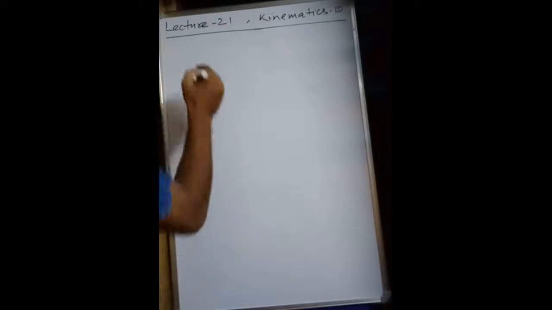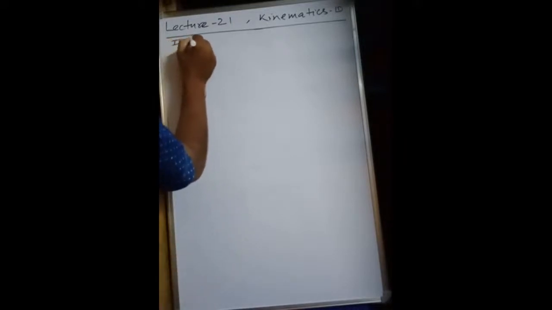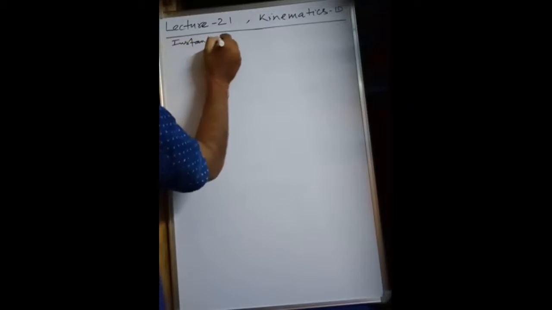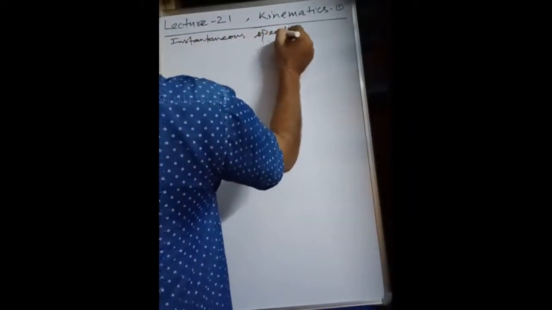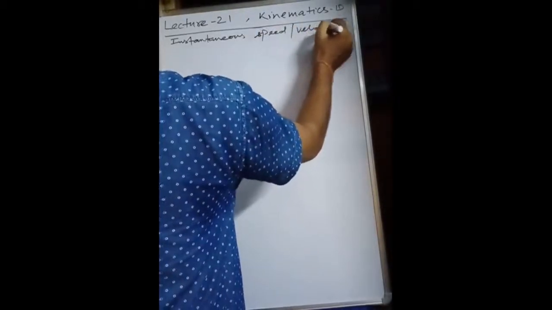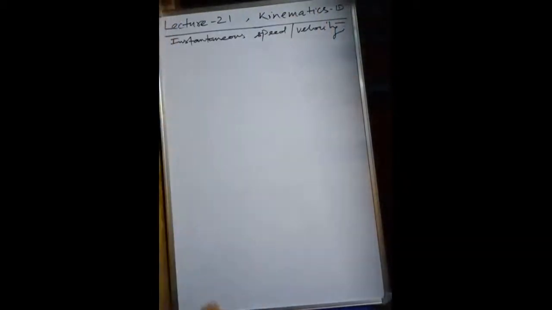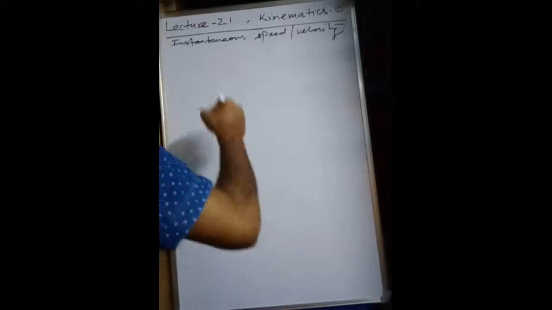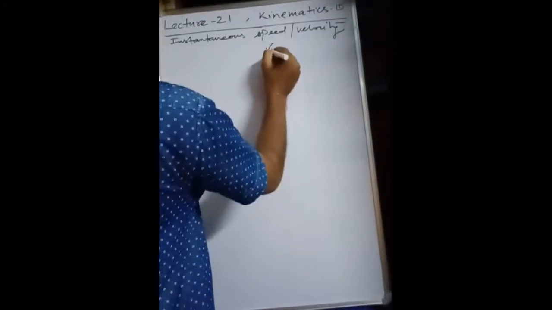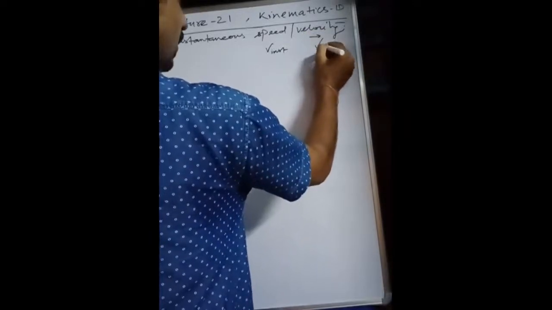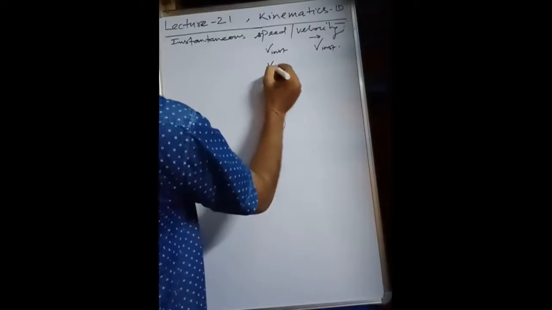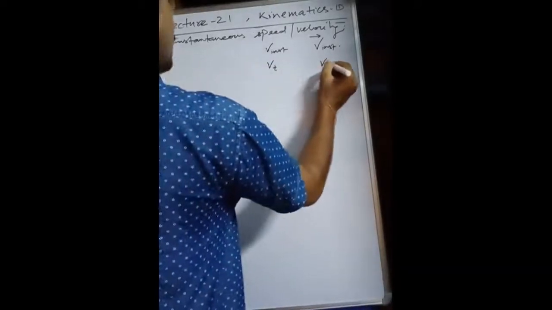Okay, my dear students, we'll represent the instantaneous speed by v instantaneous and the velocity by v instantaneous. Okay, we will use this symbol also, v(t).